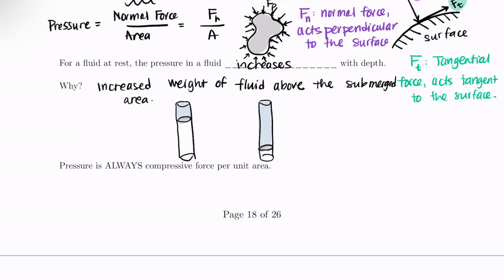So I'm going to call this P1 and I'll call this P2. So the weight of the water, rho MV, in this left-hand side configuration is a lot less than the weight of the water in the second one.